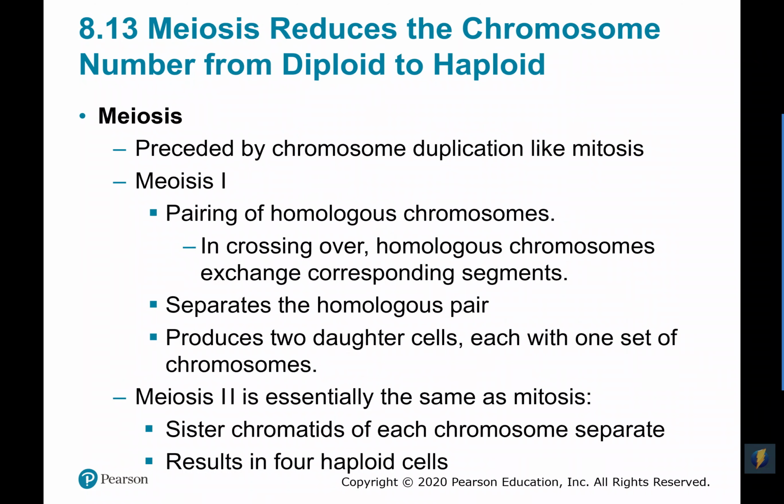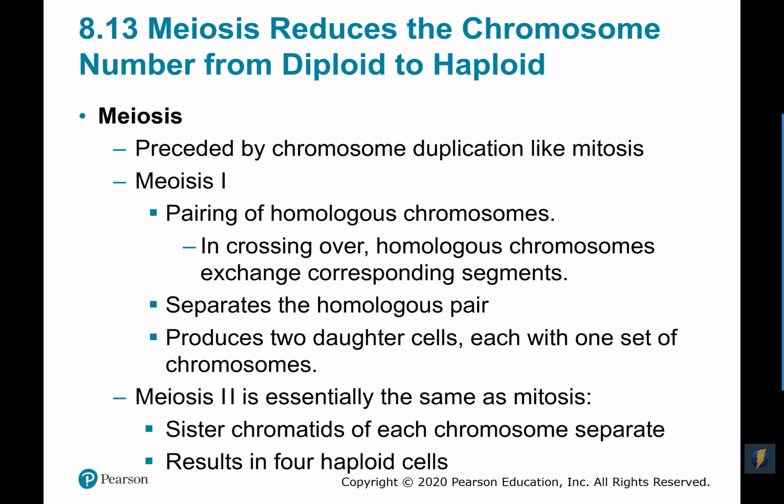So there are similarities between mitosis and meiosis, but then there are differences, right? Like mitosis, before a cell goes through meiosis, the chromosomes have to be duplicated. During meiosis 1, the homologous chromosomes will pair up into something called a tetrad.